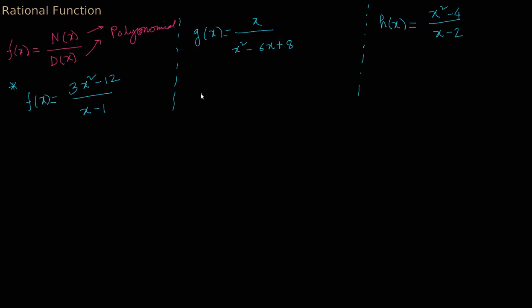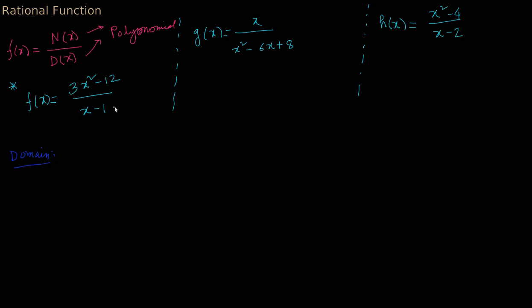First of all, I will try to find the domain of each rational function. That is my objective, finding the domain. We know that the definition of domain is the values of x for which the function is defined.